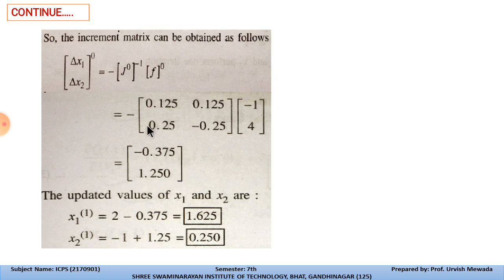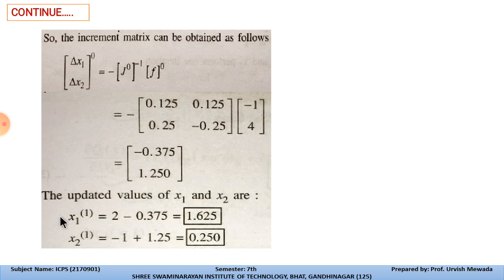So the updated values of x1 and x2 are: x1 raised to 1 is equal to 2 minus 0.375, that is 1.625, and x2 raised to 1 is minus 1 plus 1.250, so x2 raised to 1 is 0.250.